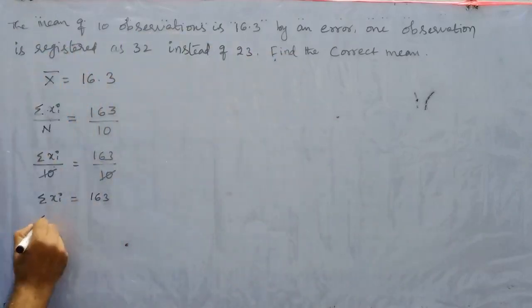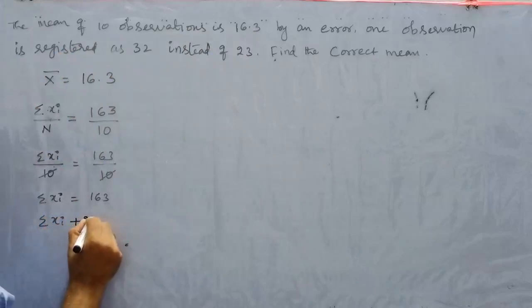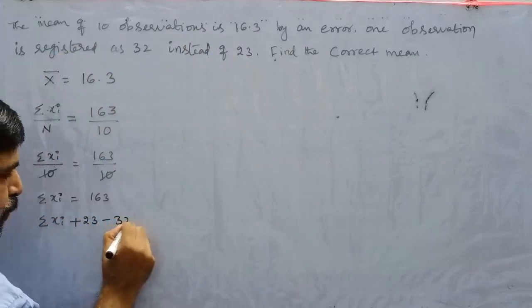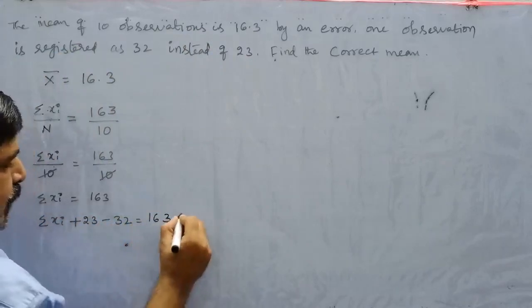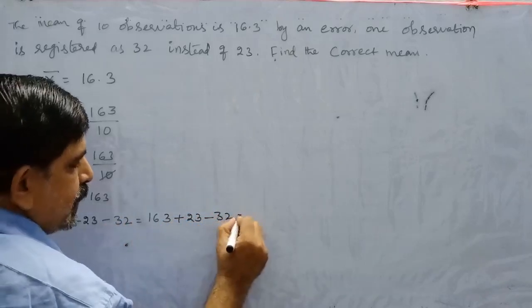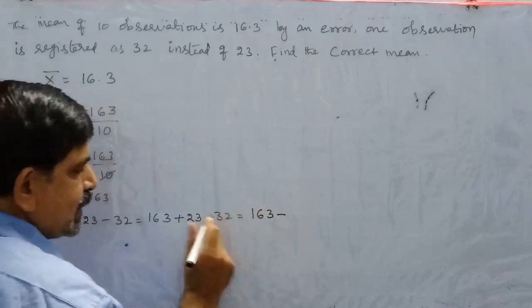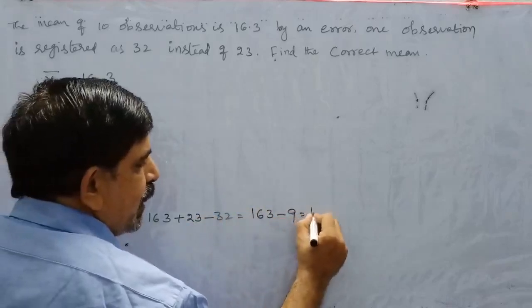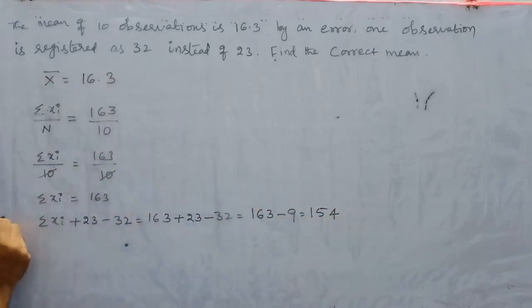So sigma xi plus 23 minus 32 is equal to 163 plus 23 minus 32. So that is equal to how much? 163 minus 9. So that is equal to 154. So this is the value of the new sigma xi.